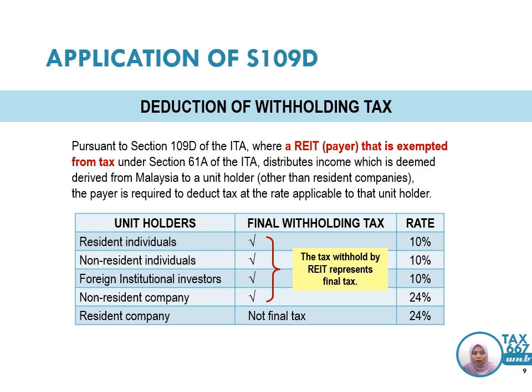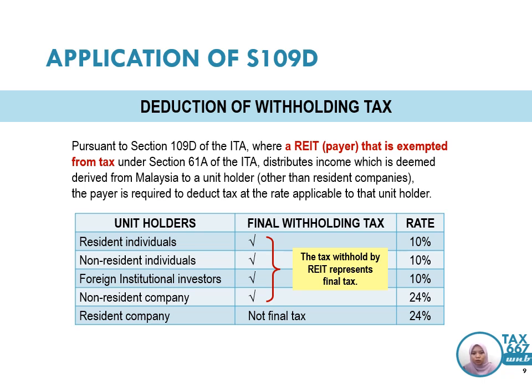If your unit holders is resident individuals or non-resident individuals, foreign institutional investors and non-resident company, then REITs kena tolak withholding tax sebanyak 10%. Therefore, REITs hanya akan distribute 90% sahaja kepada unit holders. The tax withhold by REITs represent final tax. 10% yang dia ambil tadi tu, dia akan bayar kepada IRB on behalf of the unit holders.